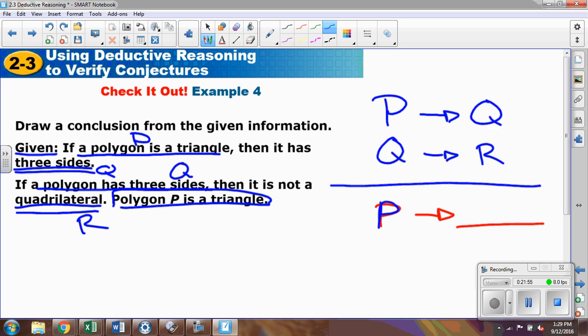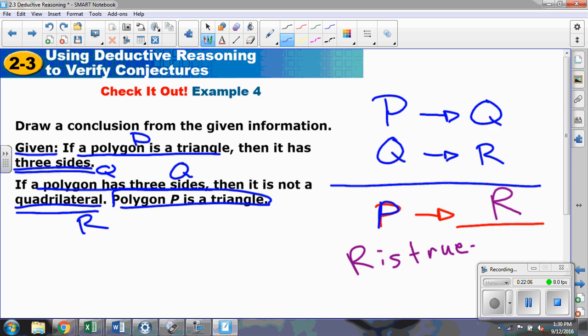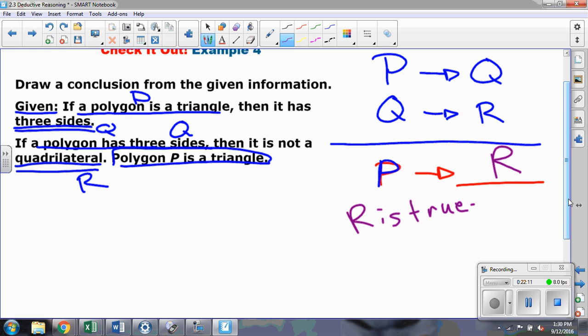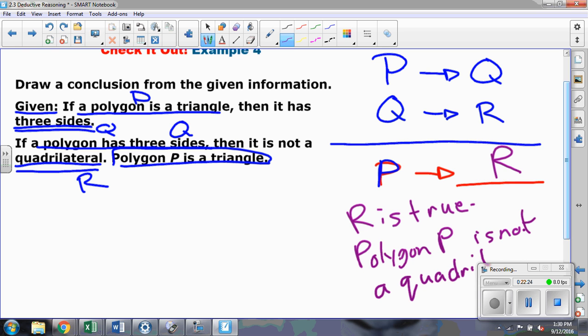So what conclusion does it connect to? That connects to R, and so this is syllogism combined with detachment. Since R is true, we'd be able to say polygon P is not a quadrilateral. That's how we would apply the logic.